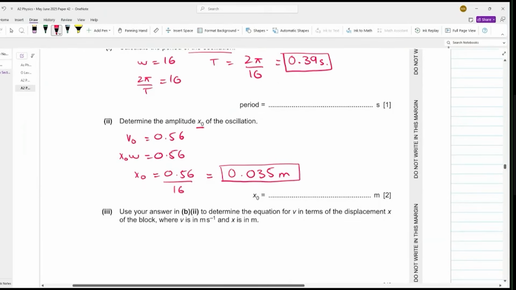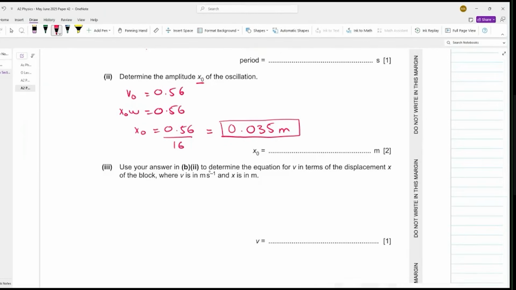Easy. Okay. Use your answer in B part 2 to determine an equation for V in terms of displacement x of the block, where V is in meters per second and x is in meters. Okay. बेटा आपको ये इक्वेशन याद है? V is equal to plus minus W under root x naught square minus x square.